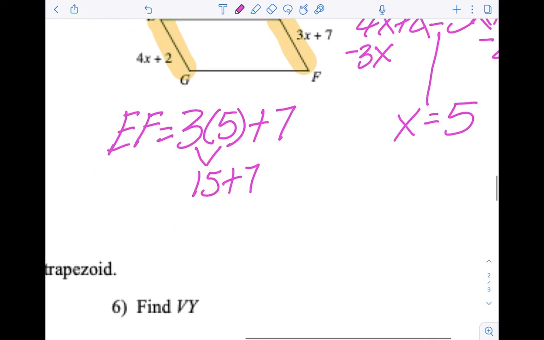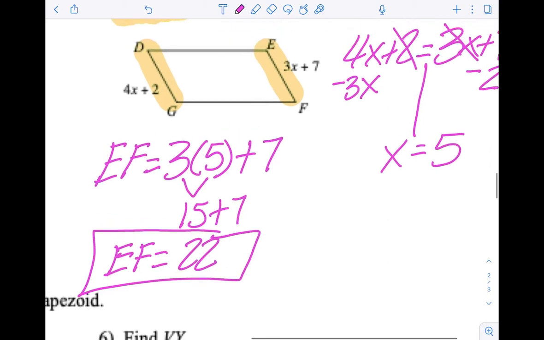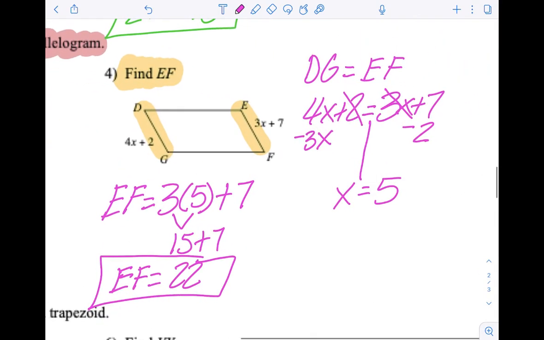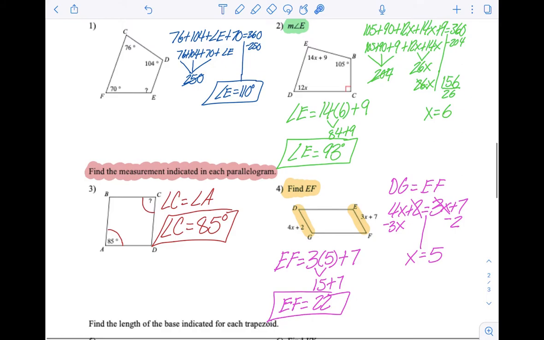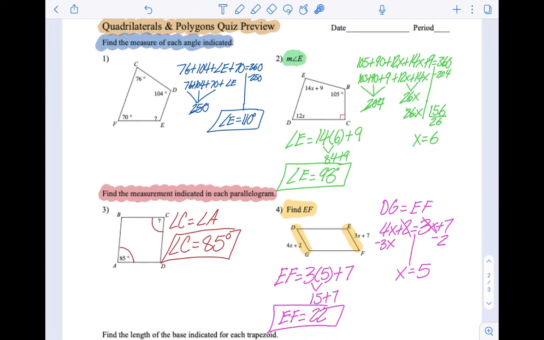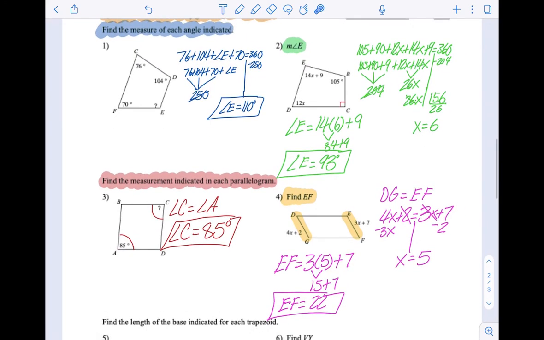That means that EF is equal to 22. And that is my solution right there, kiddos, for number 4. But again, the idea is knowing that in parallelograms, the sides are equal to each other, right? And the way we knew that is we use our notes. Use your notes.